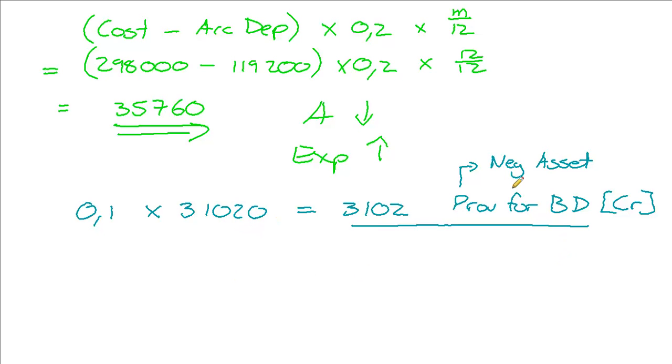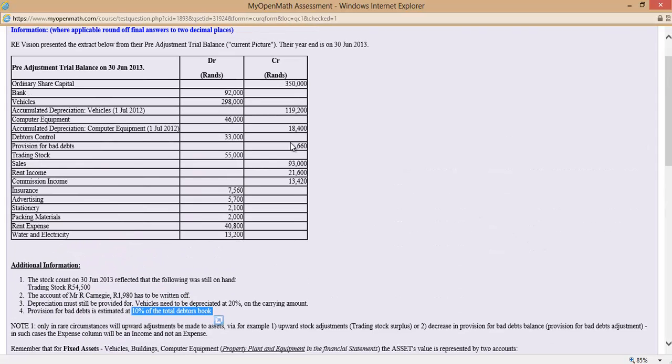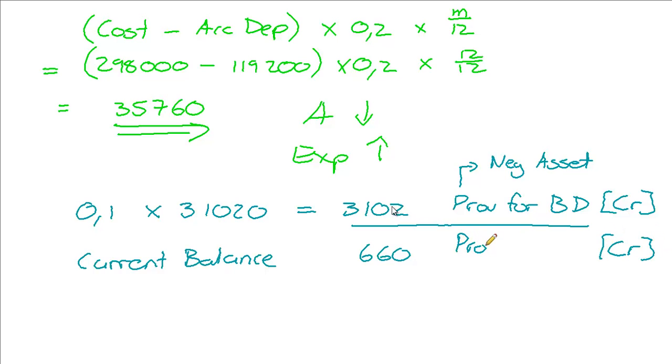The balance is, however, currently 660. Also a credit to the provision for bad debts account. So this is what the balance should be, and this is what the balance is currently.